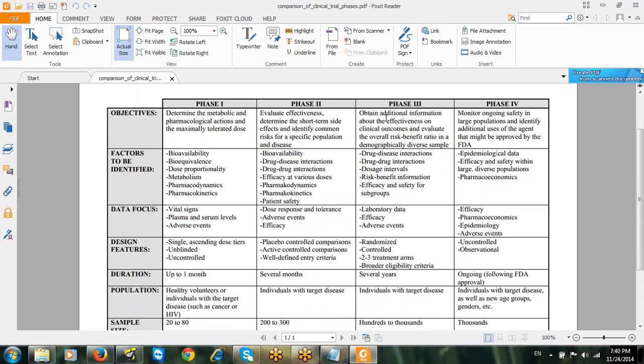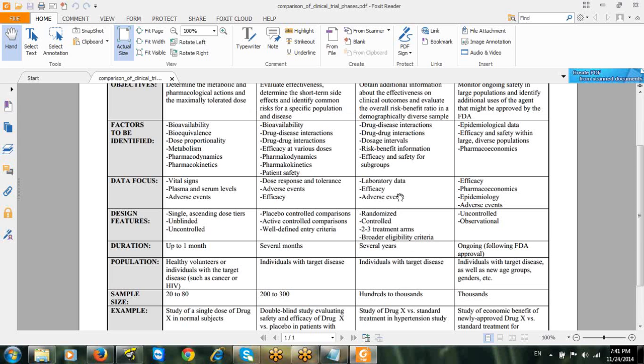is to obtain additional information about the effectiveness on clinical outcomes and evaluate the overall risk-benefit ratio in a demographically diverse sample. And factors to be identified are drug-to-disease interactions, drug-to-drug interactions, dosage intervals, risk-benefit information, efficacy and safety for subgroups.